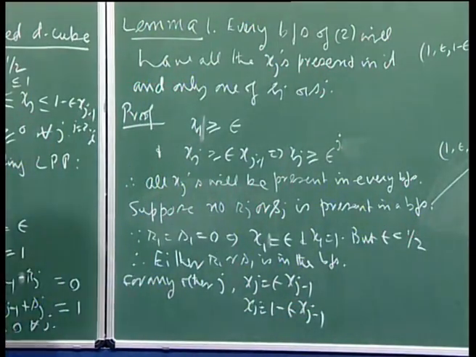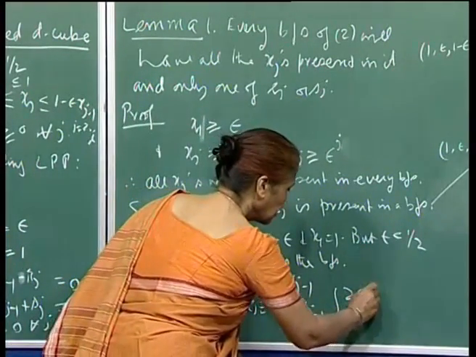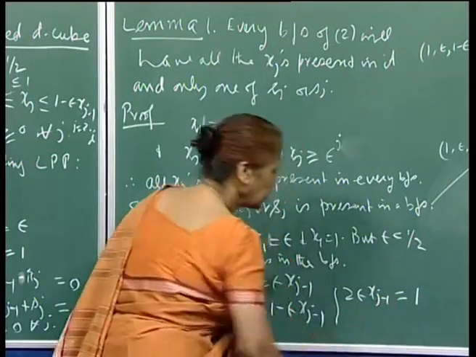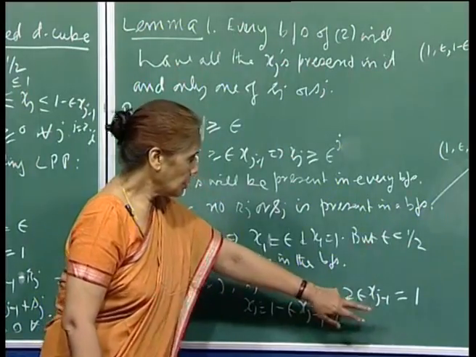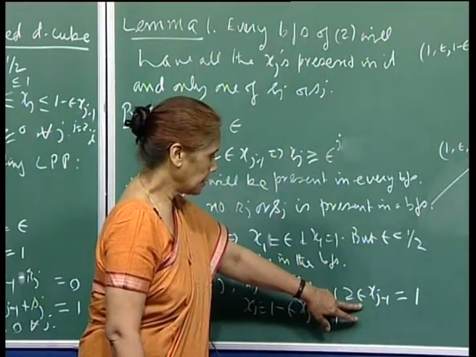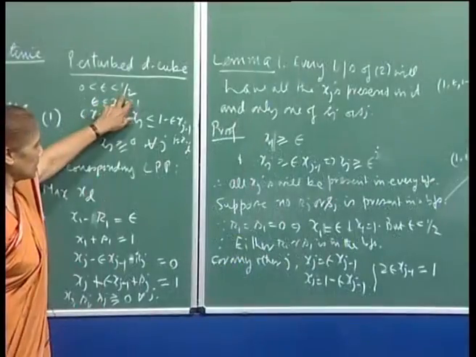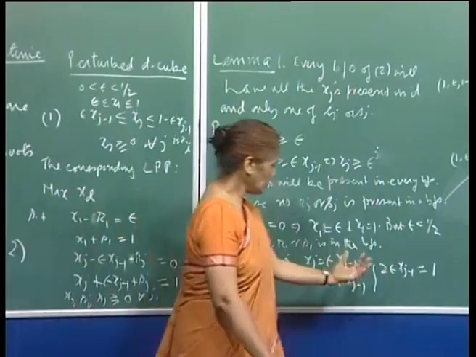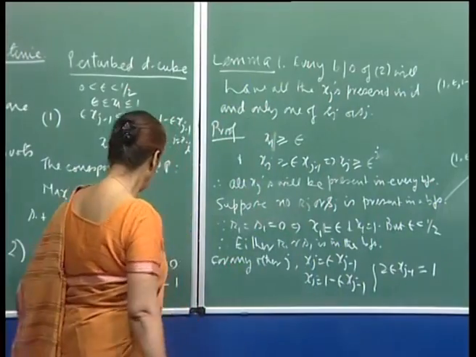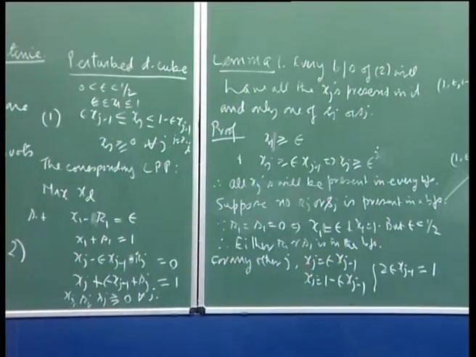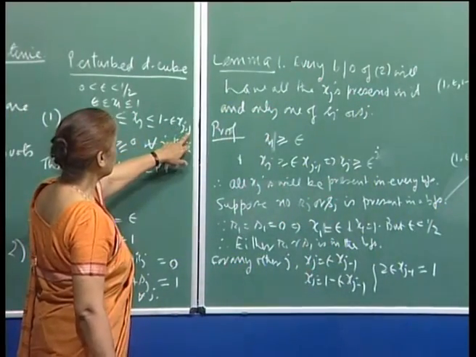So, if you equate the two, these together imply that twice epsilon xj minus 1 is equal to 1. But remember, epsilon is less than half, because we started with the assumption that epsilon is strictly less than half. Where do we assume that xj's are less than or equal to 1 minus epsilon xj minus 1?